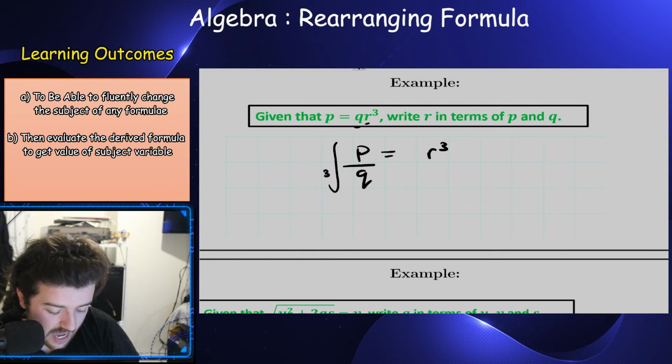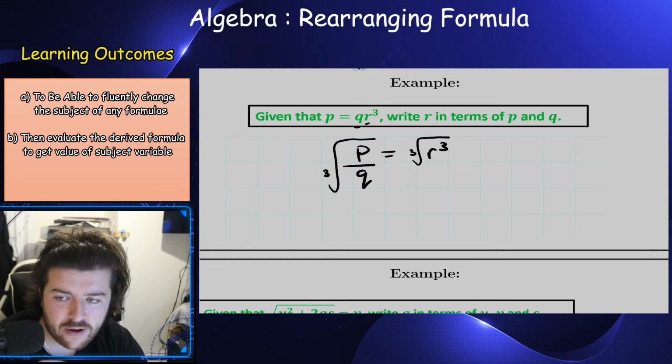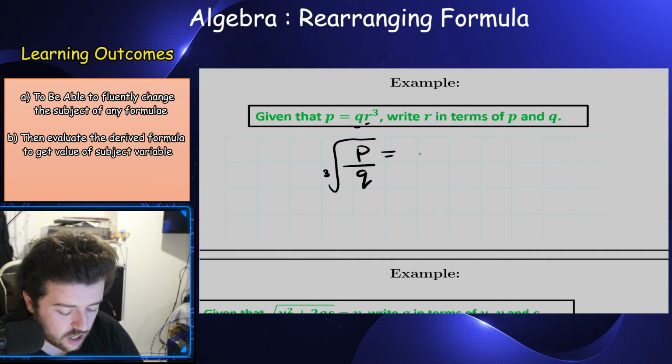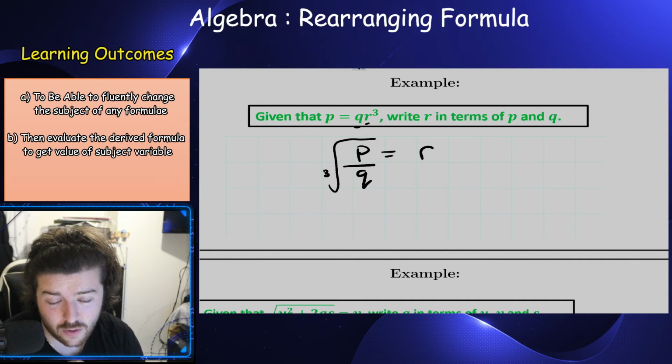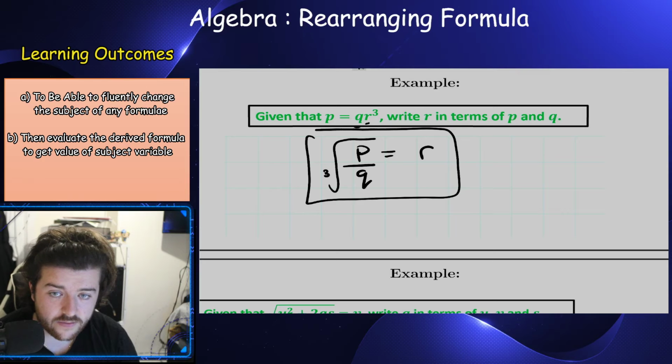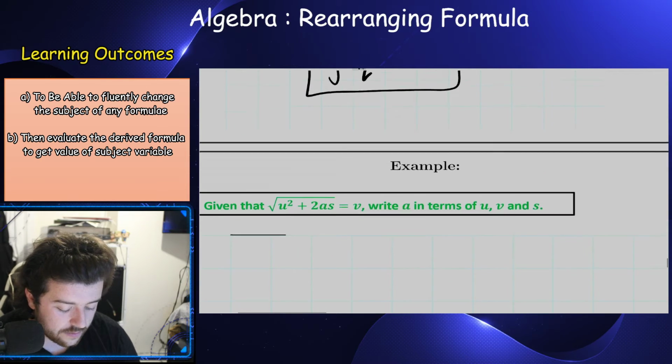It's just the same as a square root, but you put a little 3 in there. And then the cube root of r cubed is just going to be r. I.e., what do I multiply by itself 3 times to get r cubed? Well, it's just going to be r. And that's the answer. So the cube root of p divided by q is equal to r.